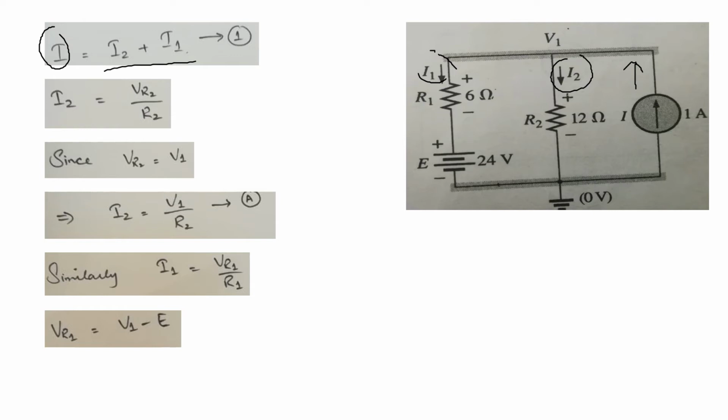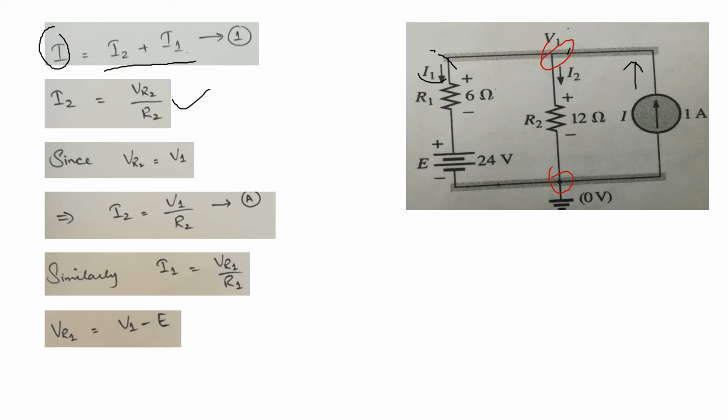From the figure you will see that the value of I2 is equal to the voltage on resistor R2 divided by the value of R2. So we can write I2 equals VR2 divided by R2. From the figure, if we apply a probe at that point, what is the voltage?